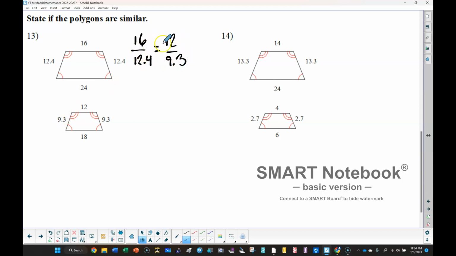Now notice that's going to be hard to do by hand, so you definitely want to use the calculator for that. So the other ratio that we're going to check is 16 over 24. And that ratio should match up 12 over 18. So I'm basically doing one for you guys.